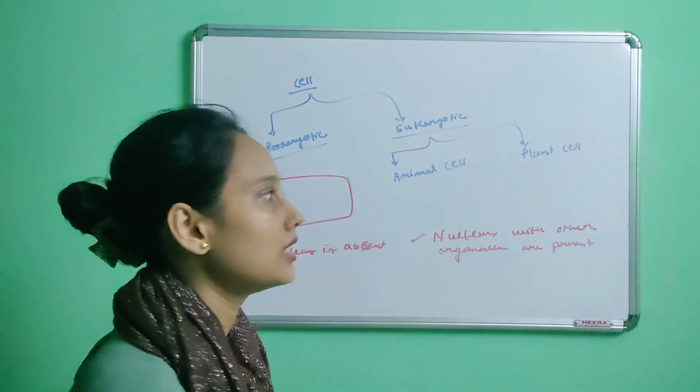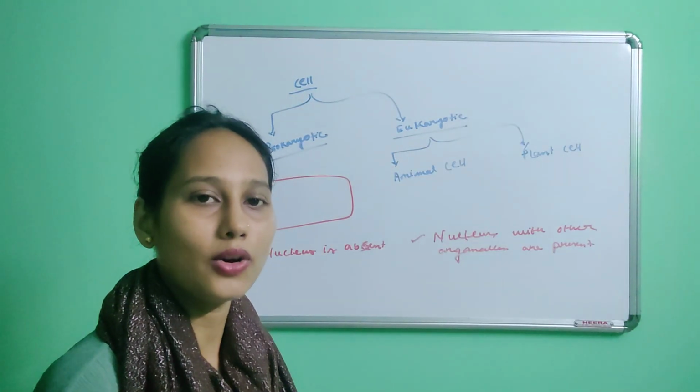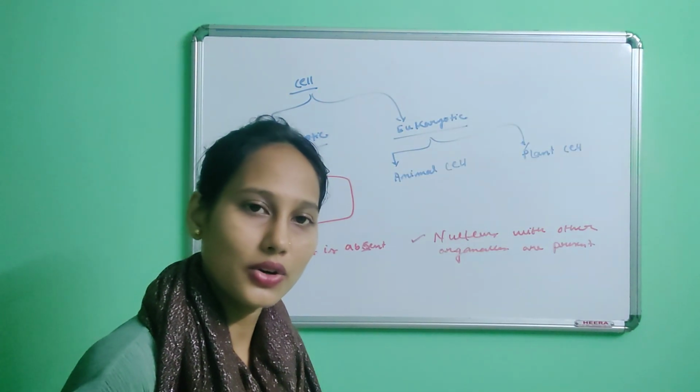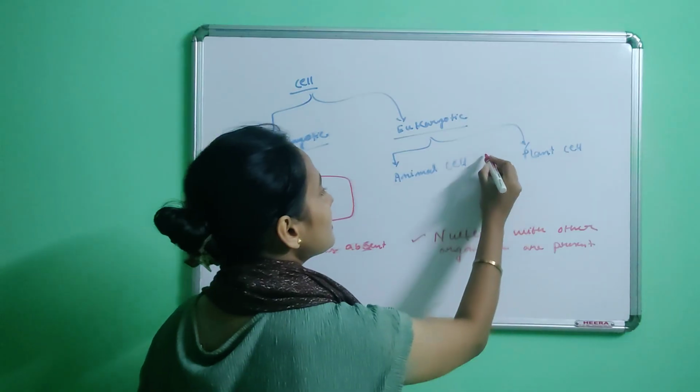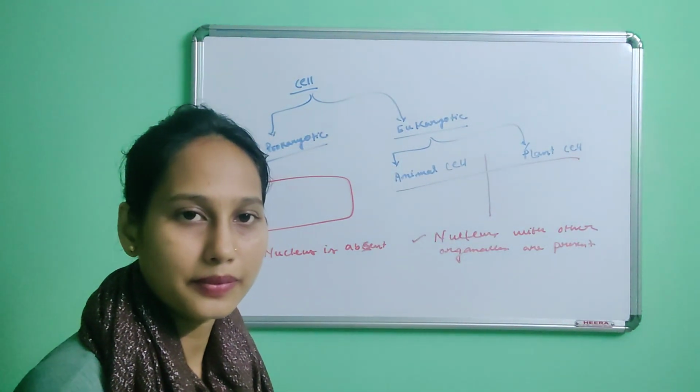In the animal cell and plant cell, there is the nucleus and also the presence of the other organelles. So what is the basic difference between the animal cell and the plant cell?